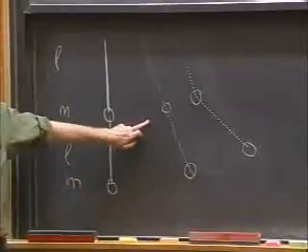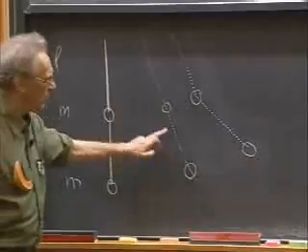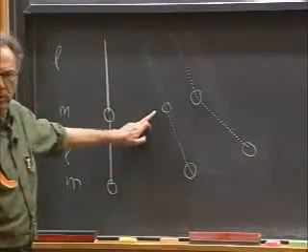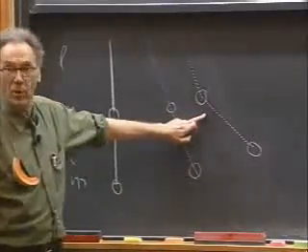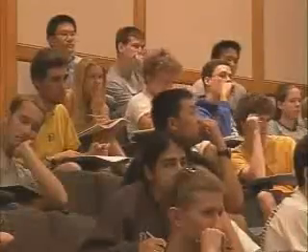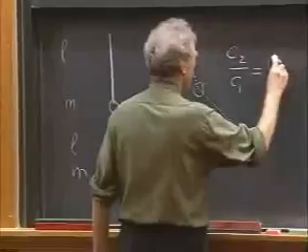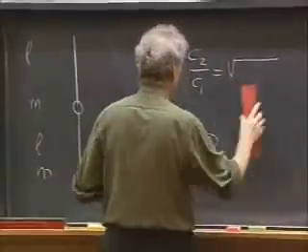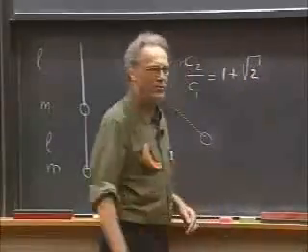Who is for this one? Okay, that means that the ratio C2 over C1 is going to be plus 2, right? Who is for this one? That's the way it is. Believe it or not, C2 over C1 is going to be 1 plus the square root of 2.